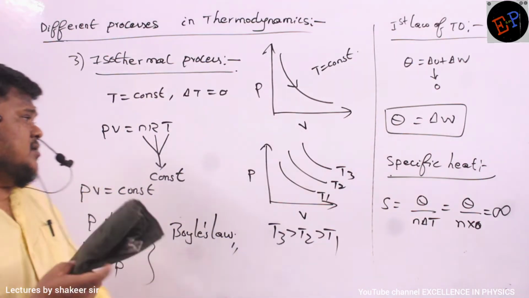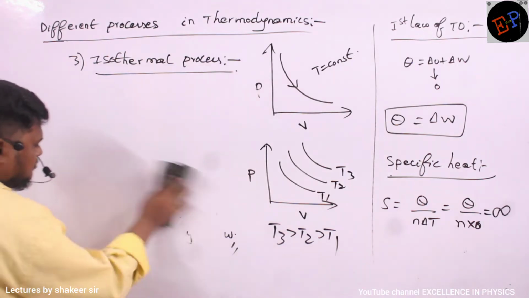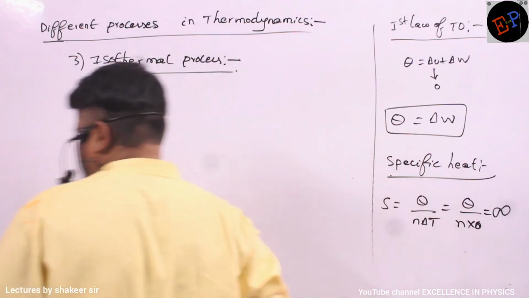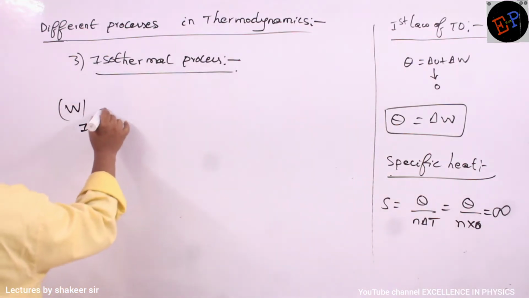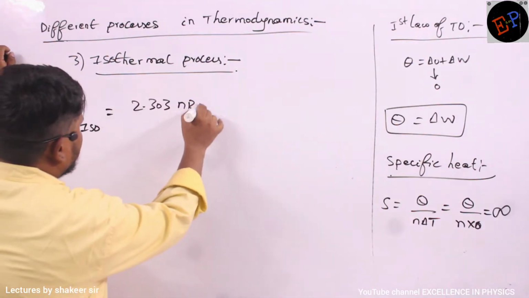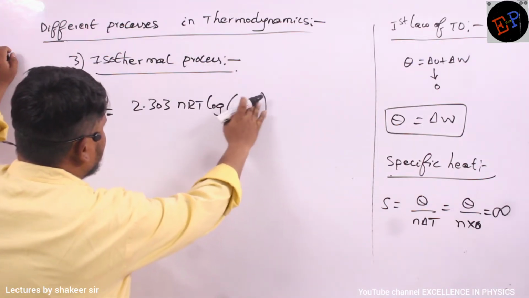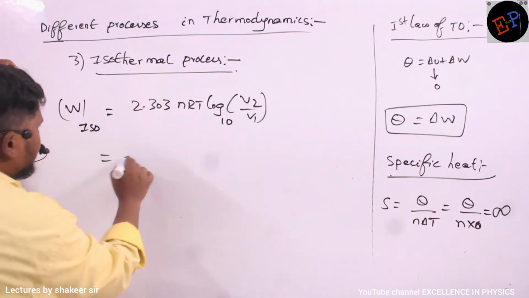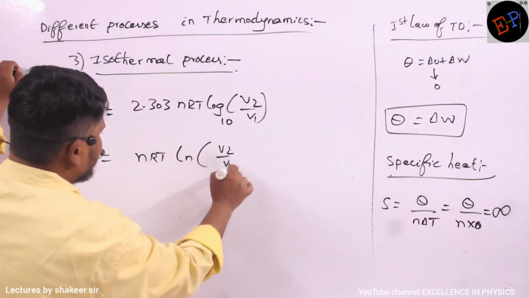Work done in the case of isothermal process. Okay, ma? So work done in isothermal process can be written as 2.303 nRT log V2 divided by V1. This is the formula. Log to the base 10. Or the same formula you can write as nRT natural logarithm of V2 divided by V1.